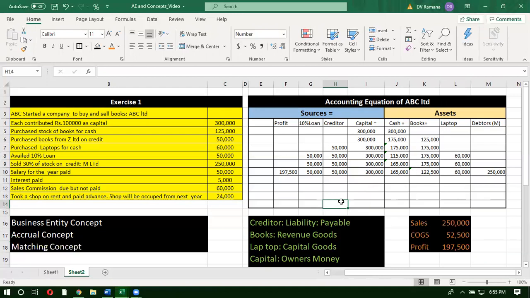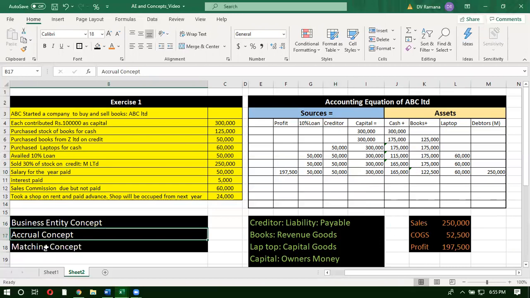For the time being, we have incurred only the cost of the goods sold. By now we have seen 3 important concepts: the business entity concept, the accrual concept, and the matching concept.